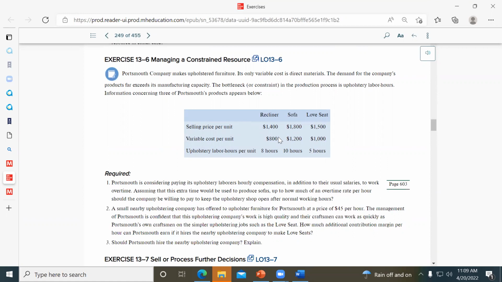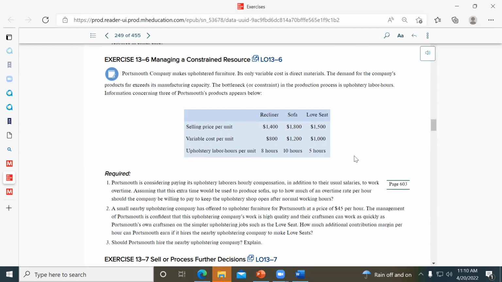The demand for the company's products far exceeds its manufacturing capacity. The bottleneck in the production process is upholstery labor hours. Information concerning three of Portsmouth's products appears below: the recliner, the sofa, and the love seat. The variable cost per unit, and then the hours.